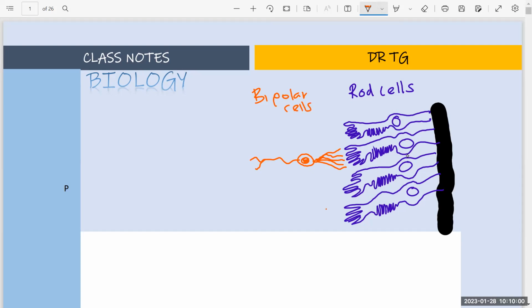So the number of bipolar cells is less than rod cells. There are millions of rod cells, and there is a very small number of bipolar cells, because one bipolar cell can synapse with several rod cells. I just draw another one.